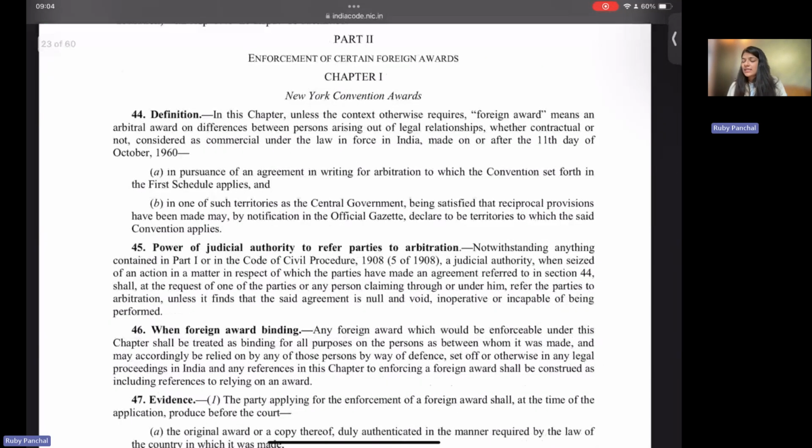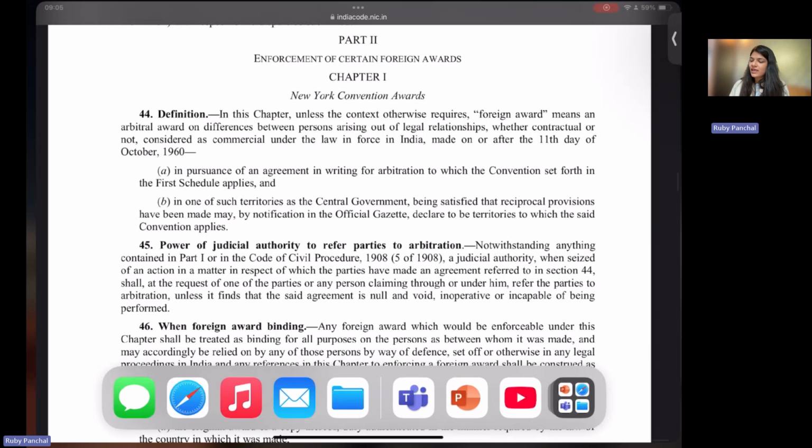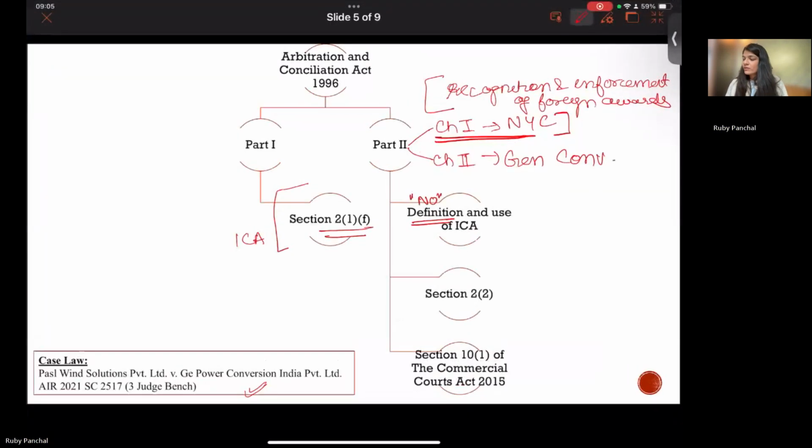In Section 44, in sub-clause (a), you'll find the phrase arbitration. In Section 45, again, you will find the phrase arbitration in the second last line, and you will not find international commercial arbitration being used anywhere. I hope that makes sense.